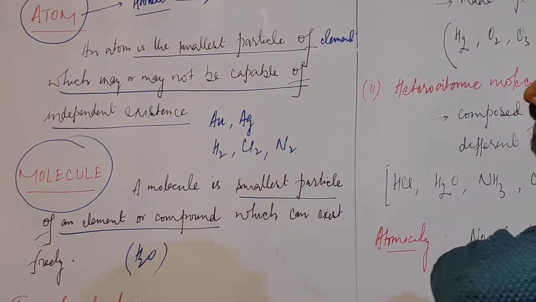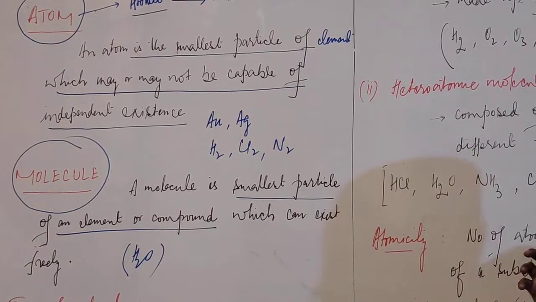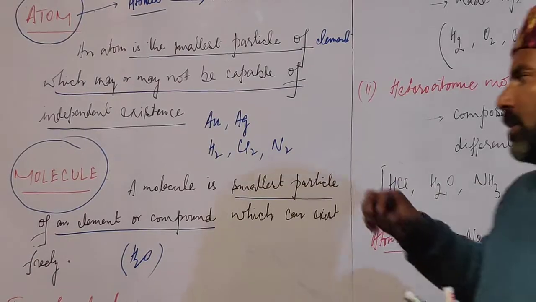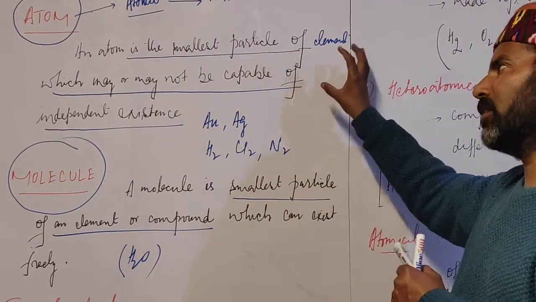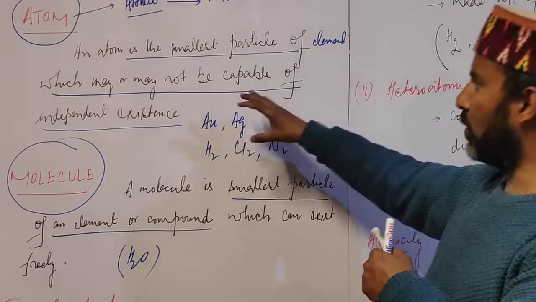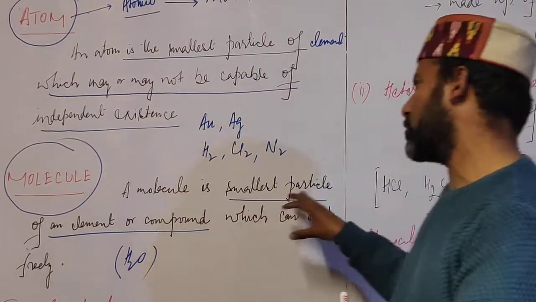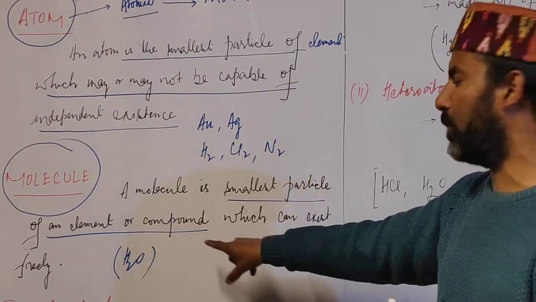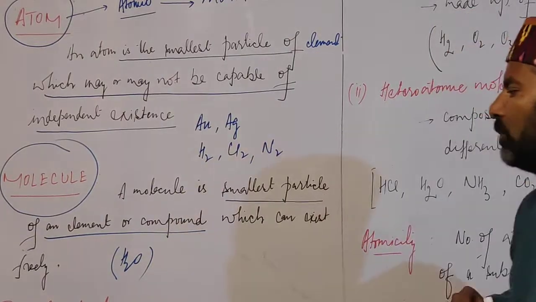It does not require any other compound or element for existence. So an atom is the smallest particle of an element which may or may not be capable of independent existence, whereas a molecule is also a smallest particle of an element or compound, but a molecule can exist independently.